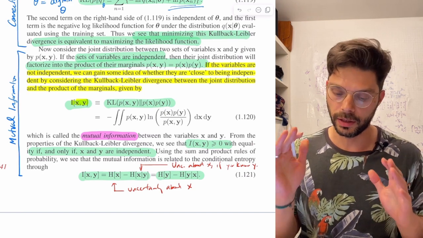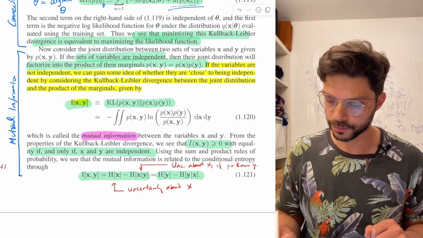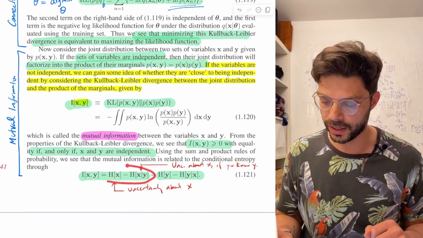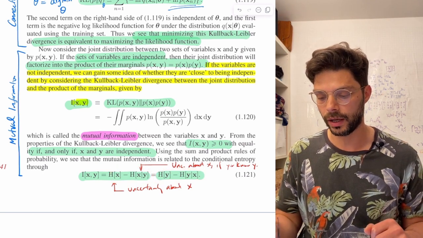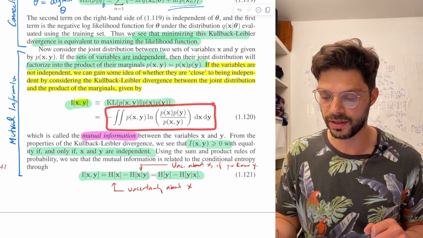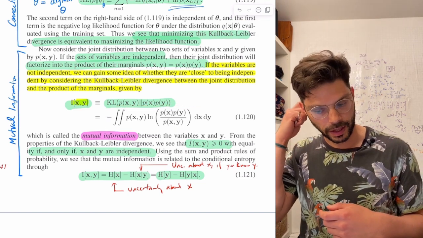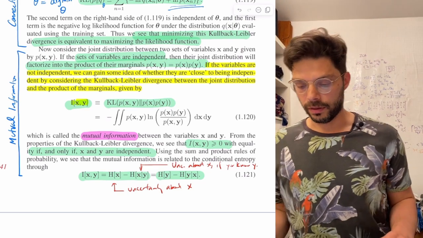Another very useful property is the symmetry aspect. What I mean is, if you look at h of x minus h of x given y, it's the same as h of y minus h of y given x. You can just go back to this definition and see that it's symmetric in terms of x and y. You can just swap them around, and it doesn't make a difference to the value.